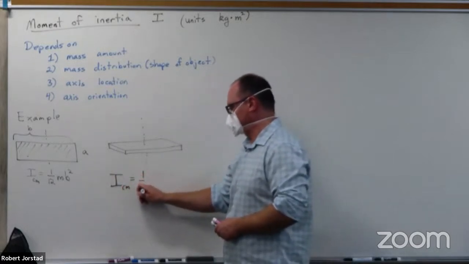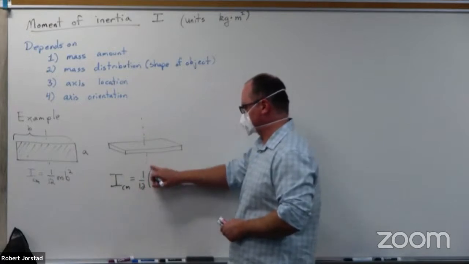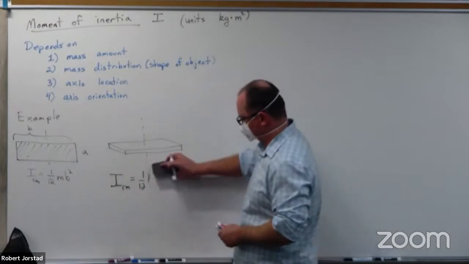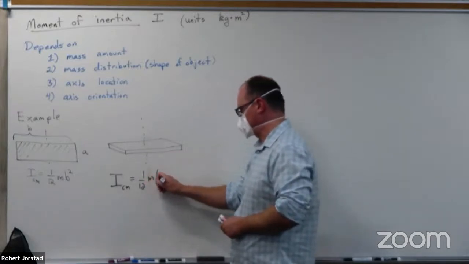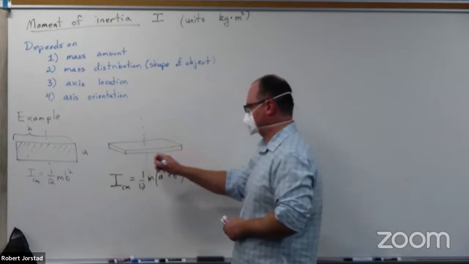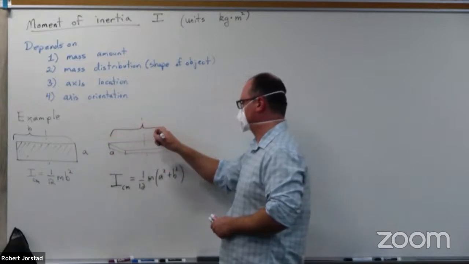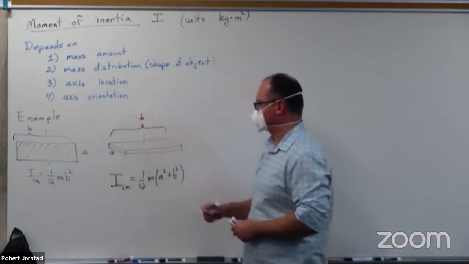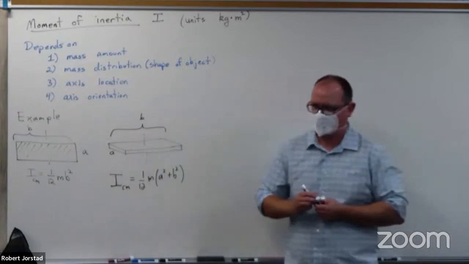It's still got a 1/12 in it, but it's, whoops, there's a 1/12 times the mass. And then what is it, a squared plus b squared? Yeah. Thank you. So the same mass, the same dimensions. If it's still sides A and B, we get a totally different answer.